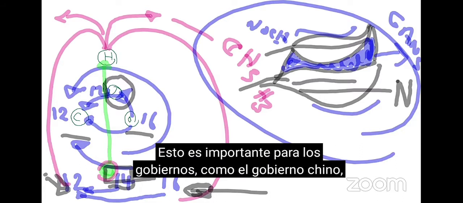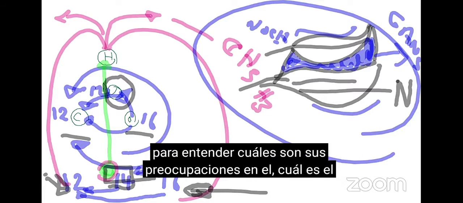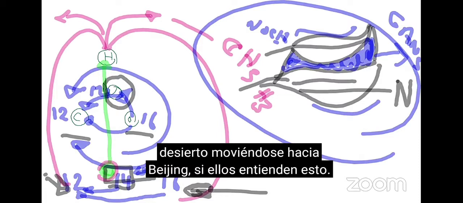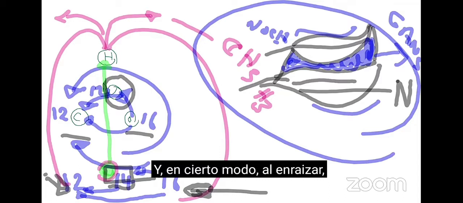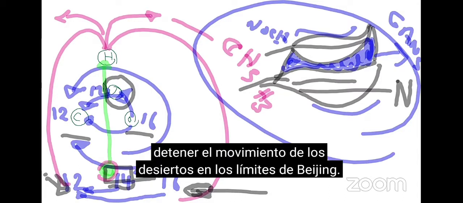This is important for governments like the Chinese government to understand, what is their worry, the desert moving towards Beijing. If they understand this, they can create a condition that vegetation can grow without any need for anything, and in a way, by rooting, stop the movement of the deserts at the boundaries of Beijing.